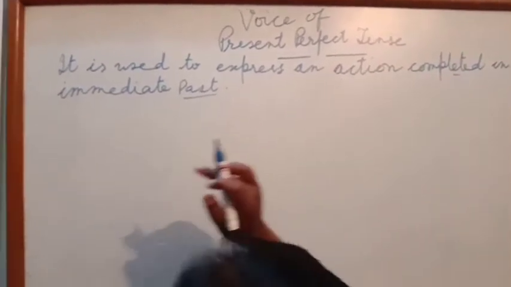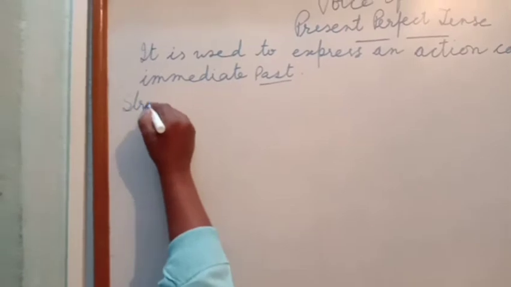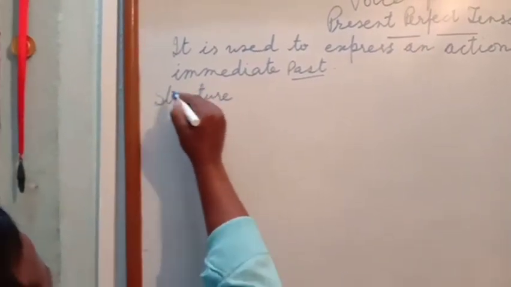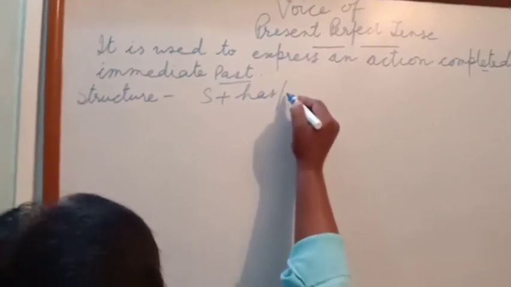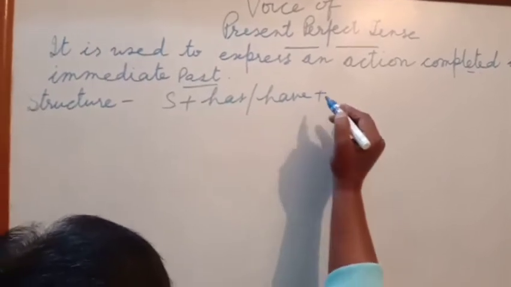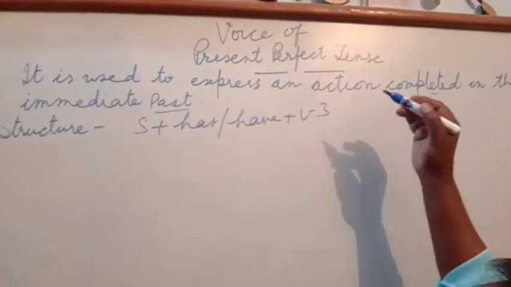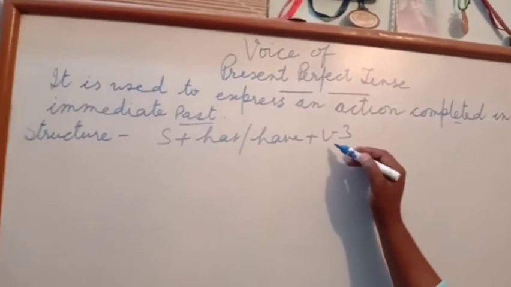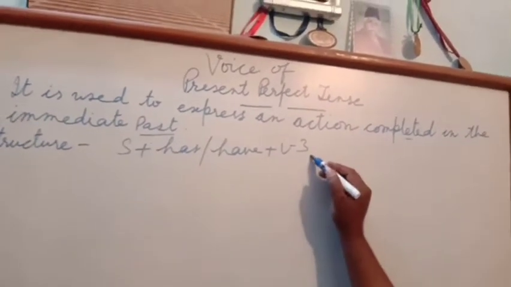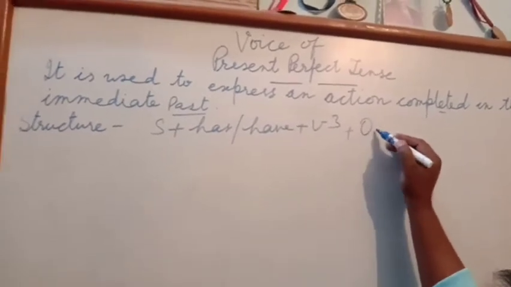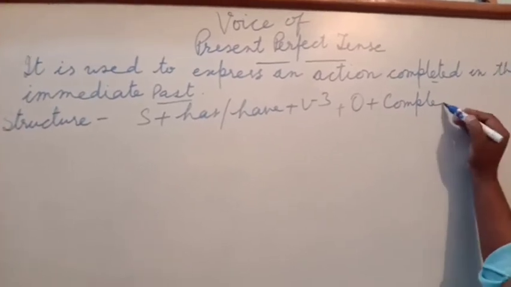So the structure will be third form of verb. Structure: subject plus has/have, plus third form of the verb, because in all the perfect tenses there is a use of third form of the verb, because any work is perfect or completed, plus object or complement.